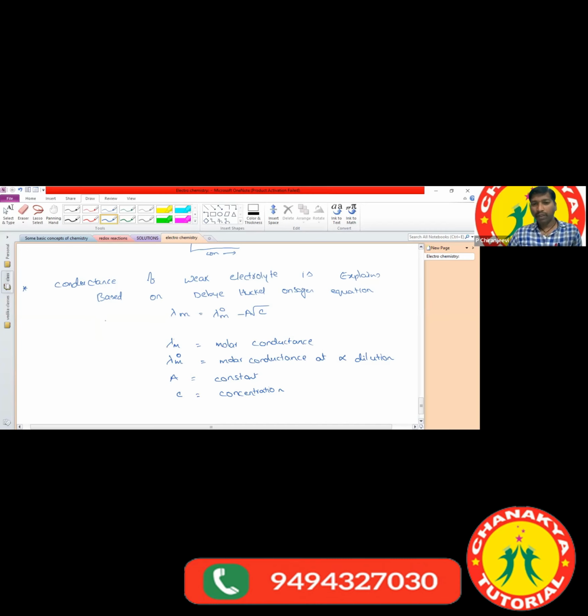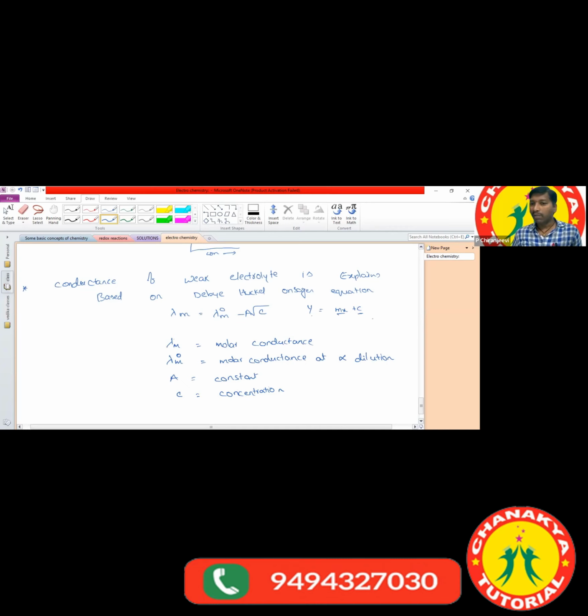What is the slope? Whenever you're drawing a graph, you are all math students, so what formula can we use? y equals mx plus c. Is it right? Here, m is the slope, with the y-axis and x-axis, and c is the intercept.